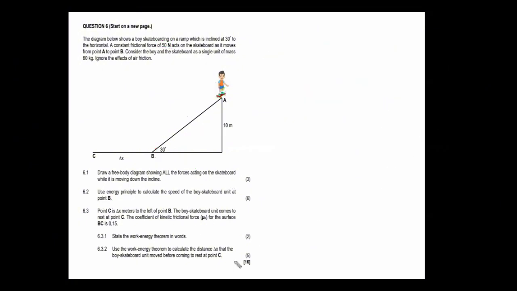And then let's look at this 5-mark question. It says use the, so here we still have 12.75 meters per second. Let's not forget that. Use the work energy theorem to calculate the distance delta x that the boy skateboard unit moved before coming to rest at point C. Right. So remember, this is now a horizontal surface. And then with the horizontal surface, we know that we use the work energy theorem.